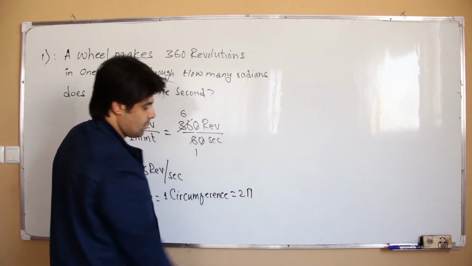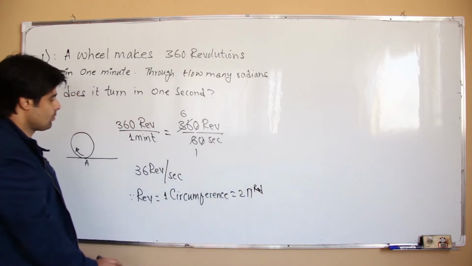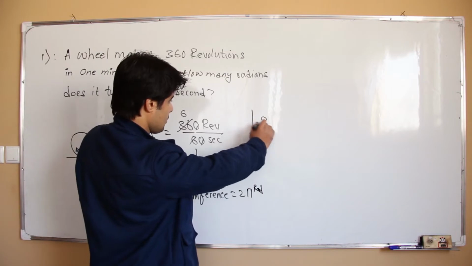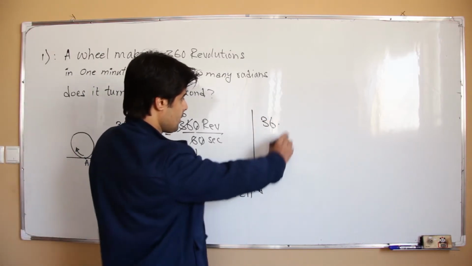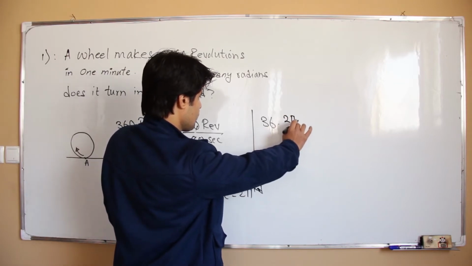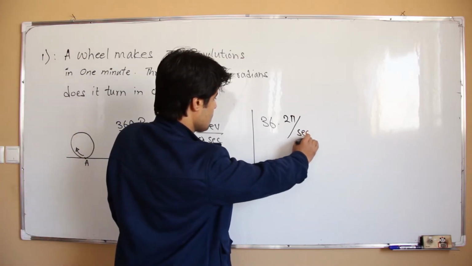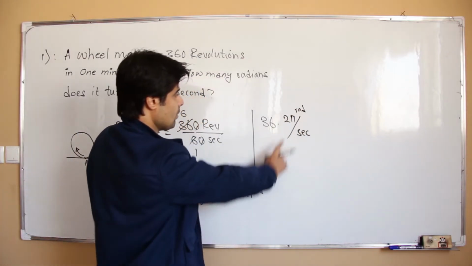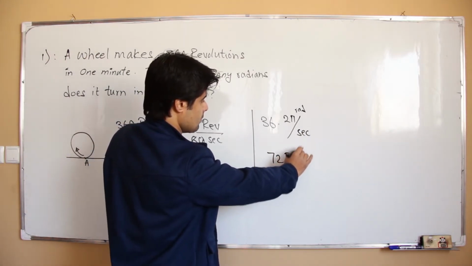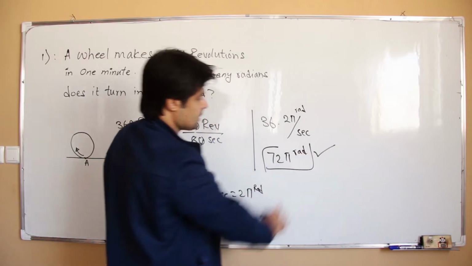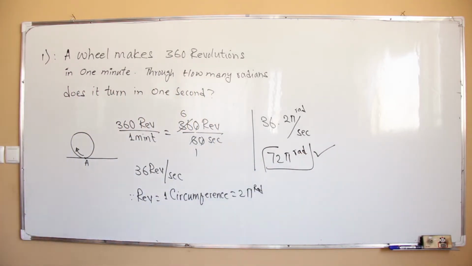Am I right? 1 circumference is what? 2 pi radians. So 36 revolutions, and 1 revolution is 2 pi radians, per 1 second. Now 2 pi times 36 is 72 pi radians. So this is our answer. I'm sure that you have got it. Write it, please.